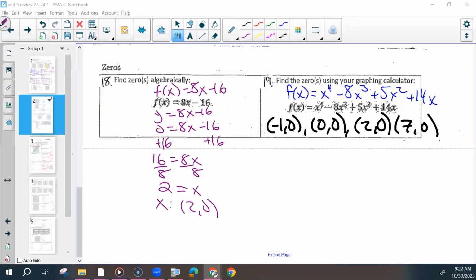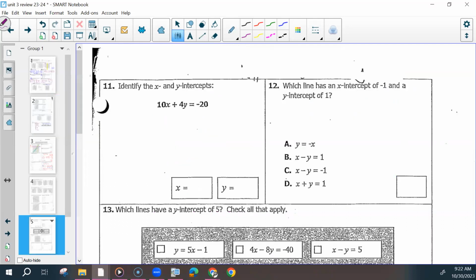And then now the next page, not the back of that page, but the page that starts off like this.